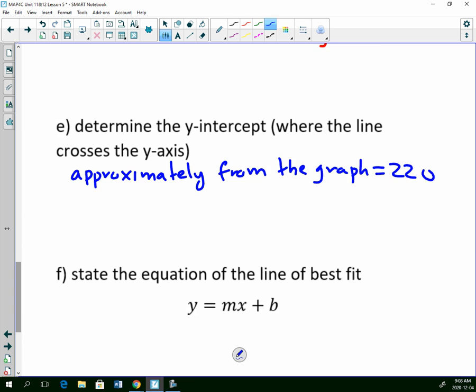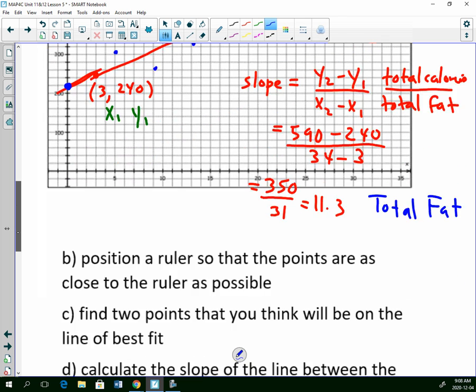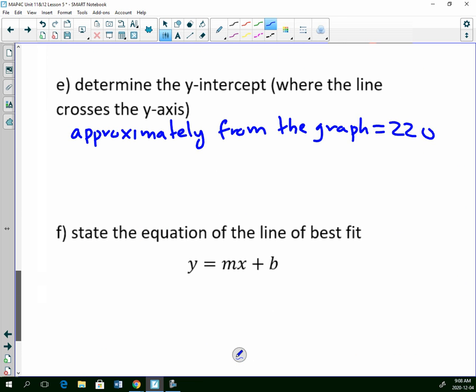Okay, so I just extend the line. I just make sure that the line extends and crosses the y-axis, and I can approximate it from there. So my approximation is 11.3 times x plus 220.